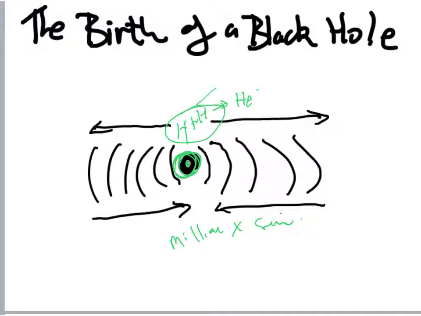When this occurs, you have massive amounts of light radiation coming off of this particular star. And right now, there is a perfect balance between the outward push of the explosions and the inward pull of gravity. So the star actually stays intact.